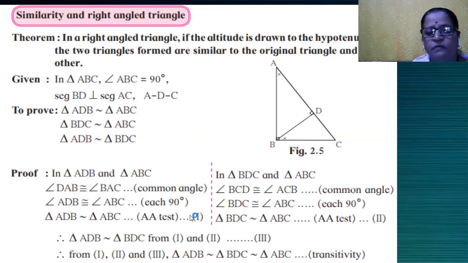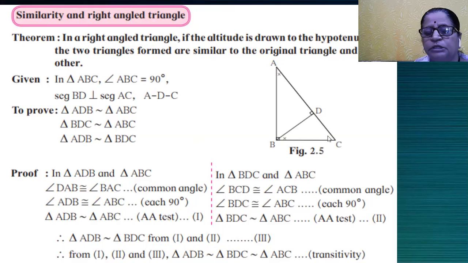It is equation 1. In the second pair, we are going to test angle BDC and the original angle ABC. So here we can see that angle BCD and angle ACB form that angle.